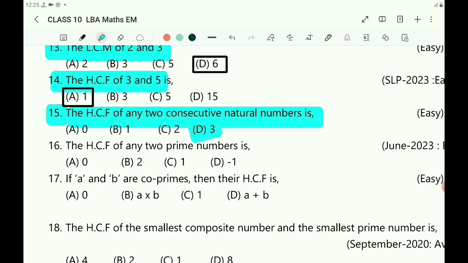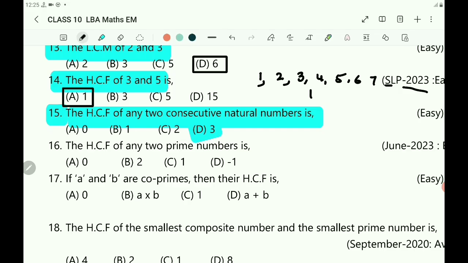If you write the consecutive natural numbers, they start from 1: 1, 2, 3, 4, 5, 6, 7, like this. So 1 and 2 are consecutive natural numbers, and their HCF is 1. Similarly, 2 and 3 are consecutive natural numbers, and their HCF is 1 because they are co-prime numbers. 3 and 4 are co-prime numbers because they are not in the same table other than 1.